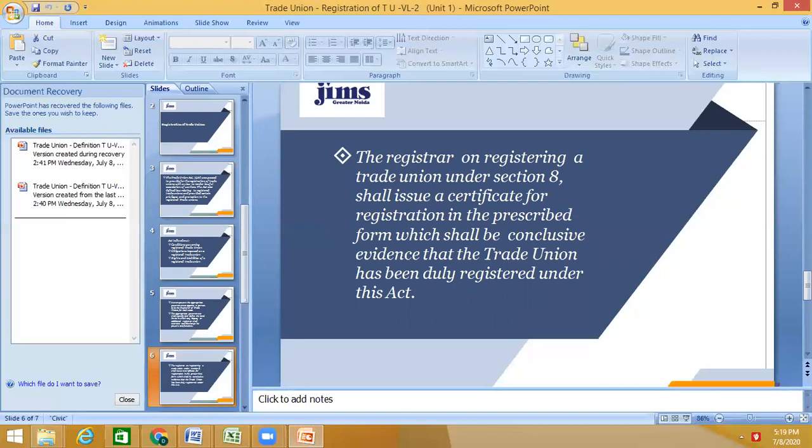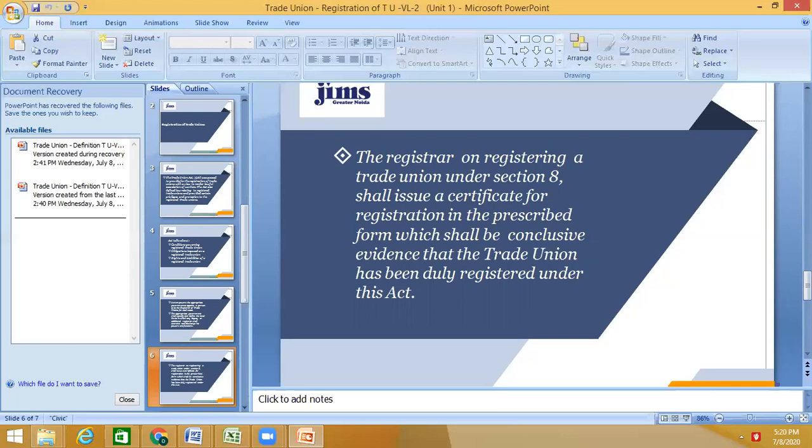So the mode of registration we will discuss under section 4 of the Trade Union Act, and then how we can apply for the registration under section 5 of the Trade Union Act. And the very important point for the registration of the trade union is the provisions to be contained in the rules of trade unions. What are the provisions to be contained in the rules of trade unions?